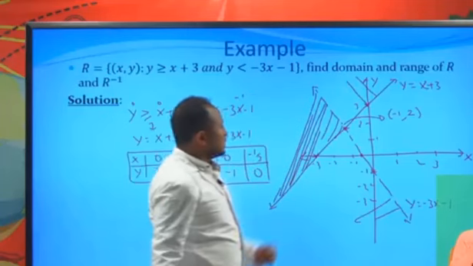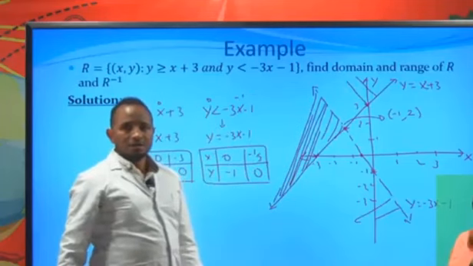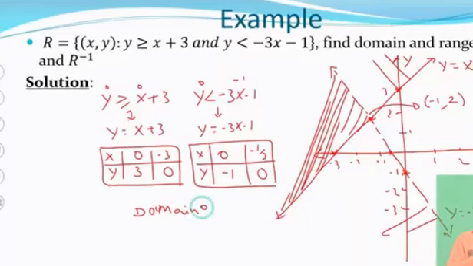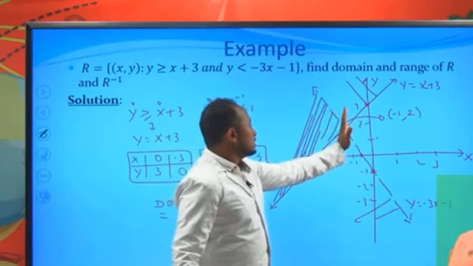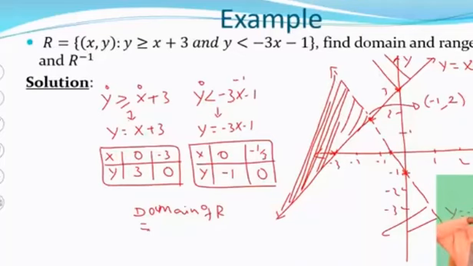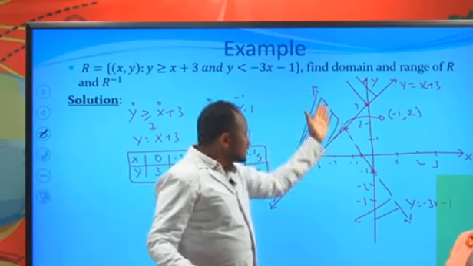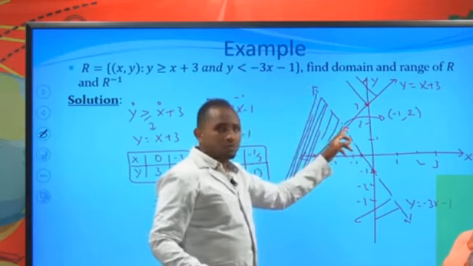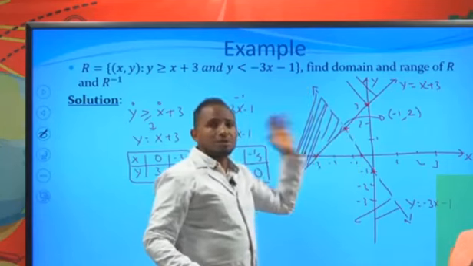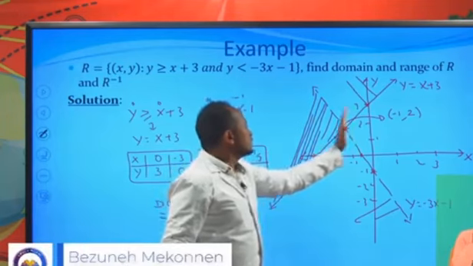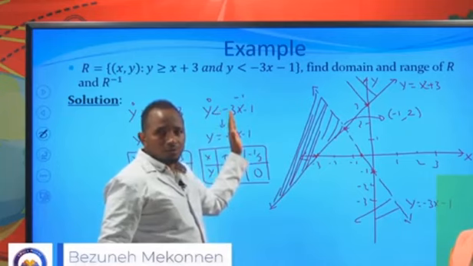So from this graph, now I can determine the domain and range of this relation. Domain of R is, as you can see, the region to the left of this point. Since this line is not part of our graph, the two lines do not intersect at this point, because this is a broken line. It's not part of our region, so it doesn't include this point, but to the left of it will be our domain.